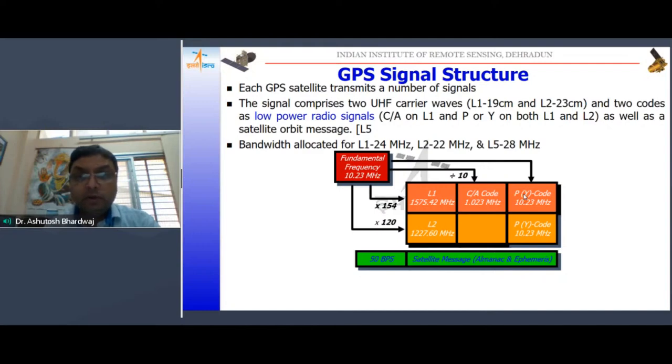Similarly, the GLONASS precise code is accessible to GLONASS receivers or their defense agencies only, whereas the US signals are accessible to US agencies only. Besides L1 and L2 and the CA and P codes, the P code is an encrypted code because it needs an authorized receiver, and after encryption it becomes the Y code.